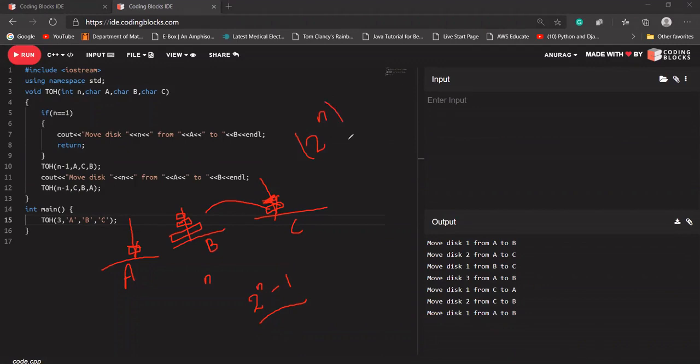Okay, is it fine, everyone? Or do you have any doubt up to here in this code? If you want, you can make the diagram in your copy, and if you want to understand it in a clearer way, it might be that you're not able to visualize the complete problem and solution.